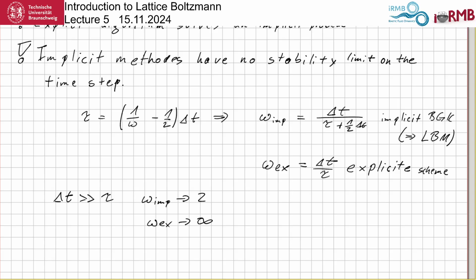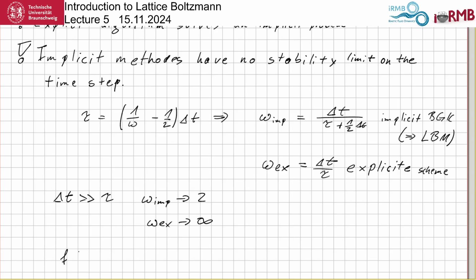And this would also mean that in your code, if you have an explicit BGK solver like this, you also have to multiply this difference with a very, very large number. Multiplications with large numbers are difficult things to do.